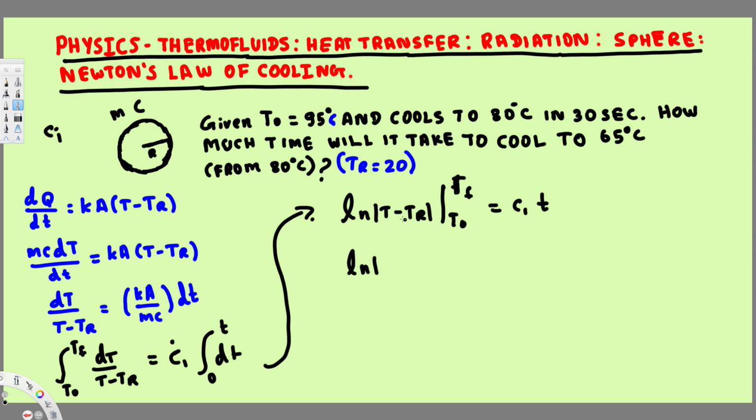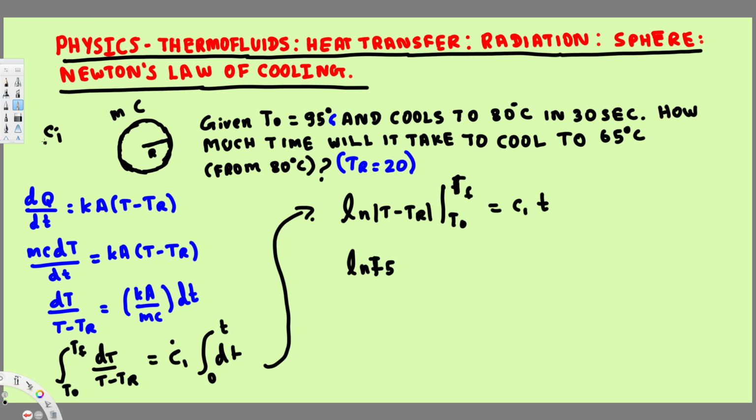Ln. So this temperature, I'm dealing with the first part right here, 95 and 80. When you plug in 95 right here, 95 minus 20, that's going to give you 75. So this is going to be ln 75 when you apply the value. Actually, final should be 80, right? So 80 minus 20, that's going to be 60.